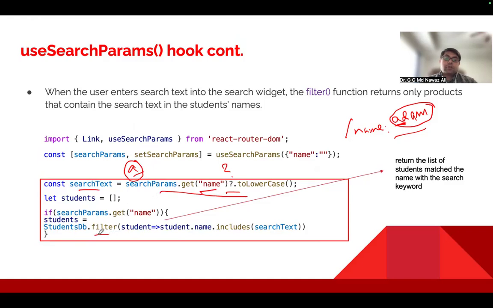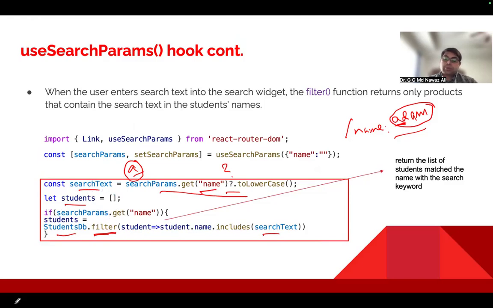That's how we use the filter method. This is our local student database dot filter function, and it will look for the students with a name which includes the search text. So it returns a list of students. We initialize the list, and then we fill it up with the value that we are returning.